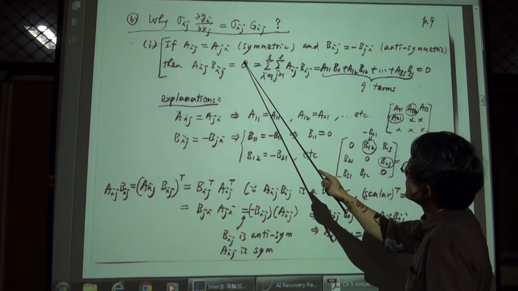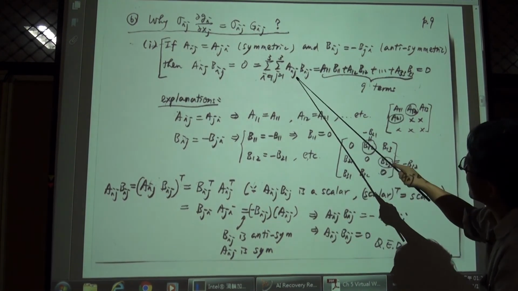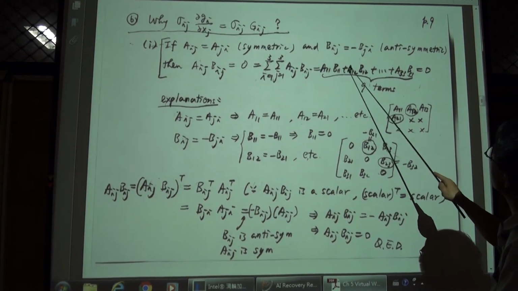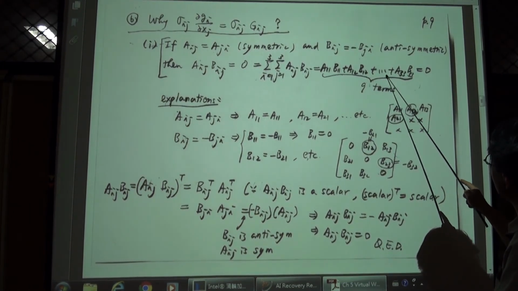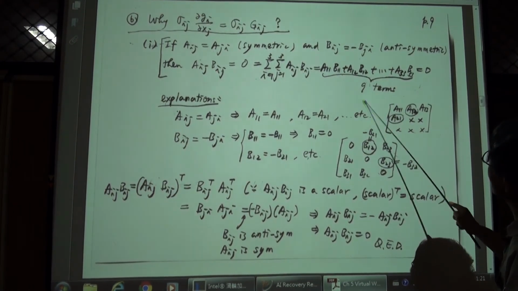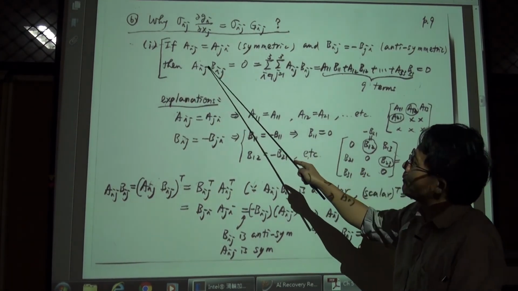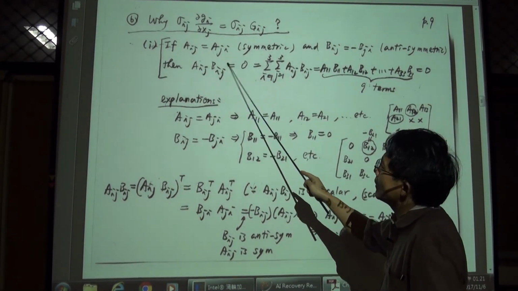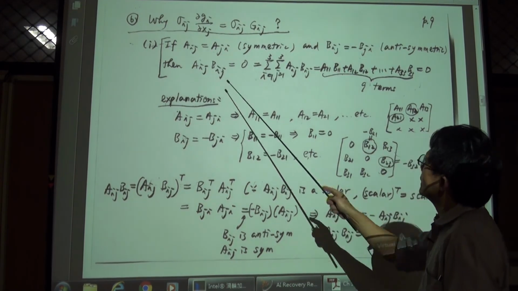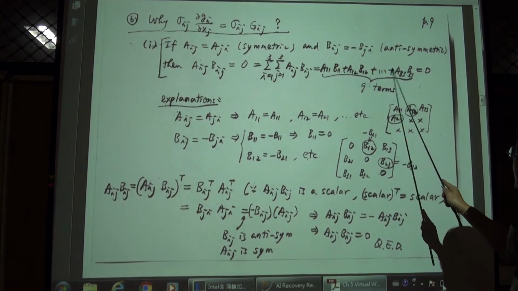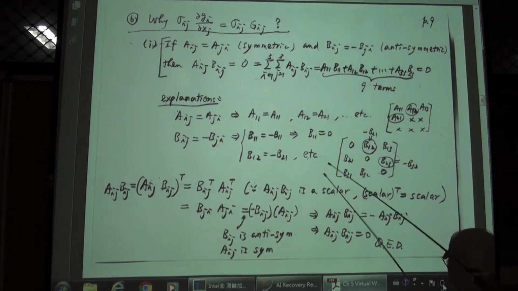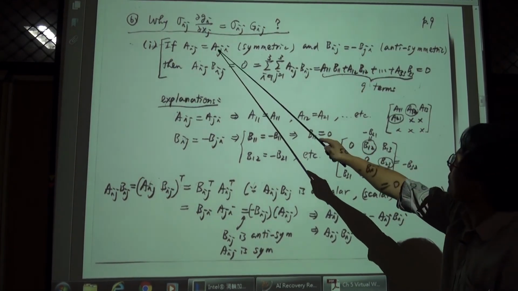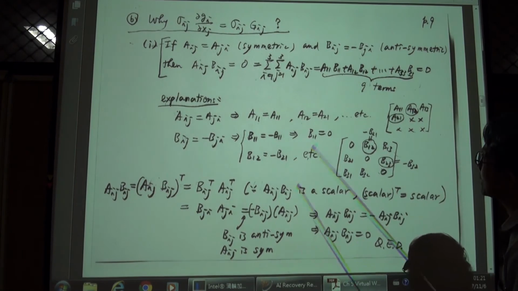This is A11 B11 plus A12 B12 plus A13 B13, and then sum it over all nine terms. As a 3x3 matrix, we have nine terms, something like an inner product. We just sum it over. It will be 0 if A is symmetric and B is anti-symmetric.